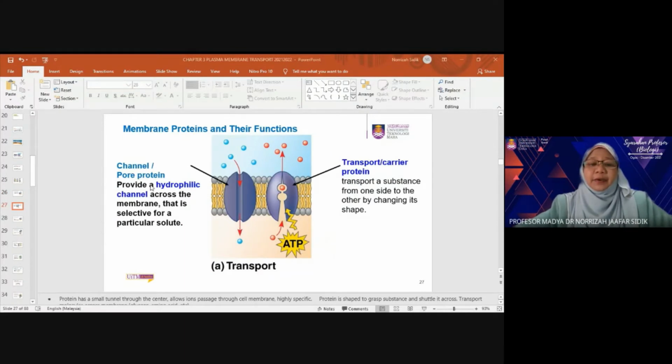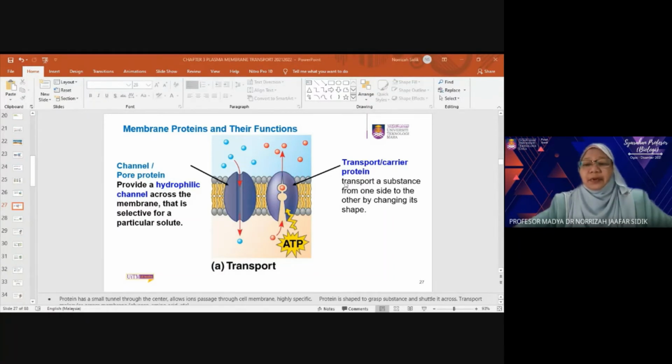Unlike the channel pore protein here, which does not involve ATP. The channel pore protein provides a hydrophilic channel across the membrane that is selective for a particular solute.